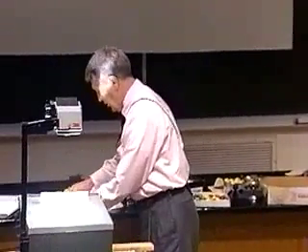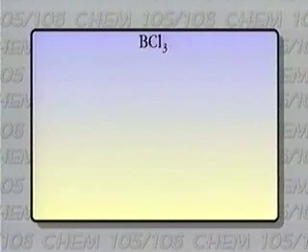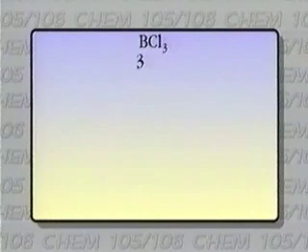Now we have looked at, and we'll just look at one more here quickly, we have looked at those Lewis structures in which everything didn't satisfy its octet. BCl3, for instance, we had boron, 3 electrons, and for chlorine 3 times 7, 21.